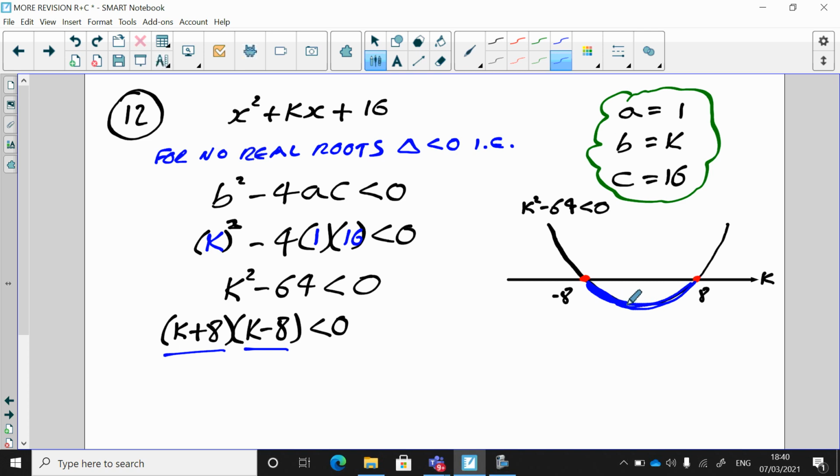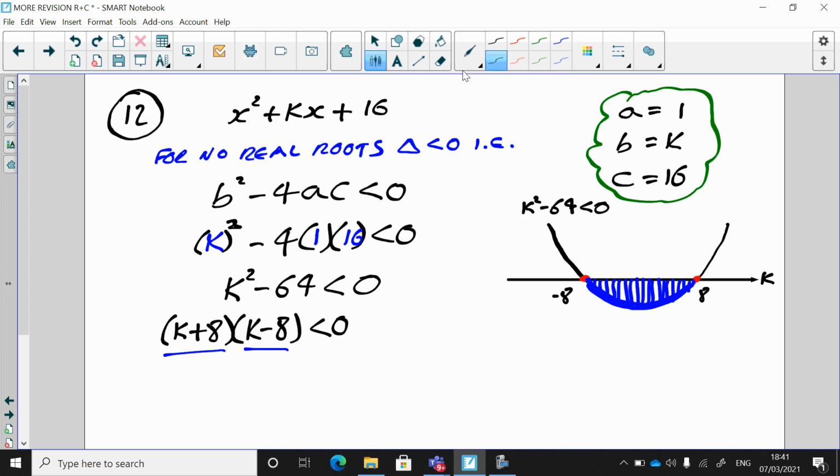You're talking about this part of the parabola here. It's below the k-axis. So which values of k fit in with that? Well, anything between negative 8, not inclusive, all the way up to positive 8.